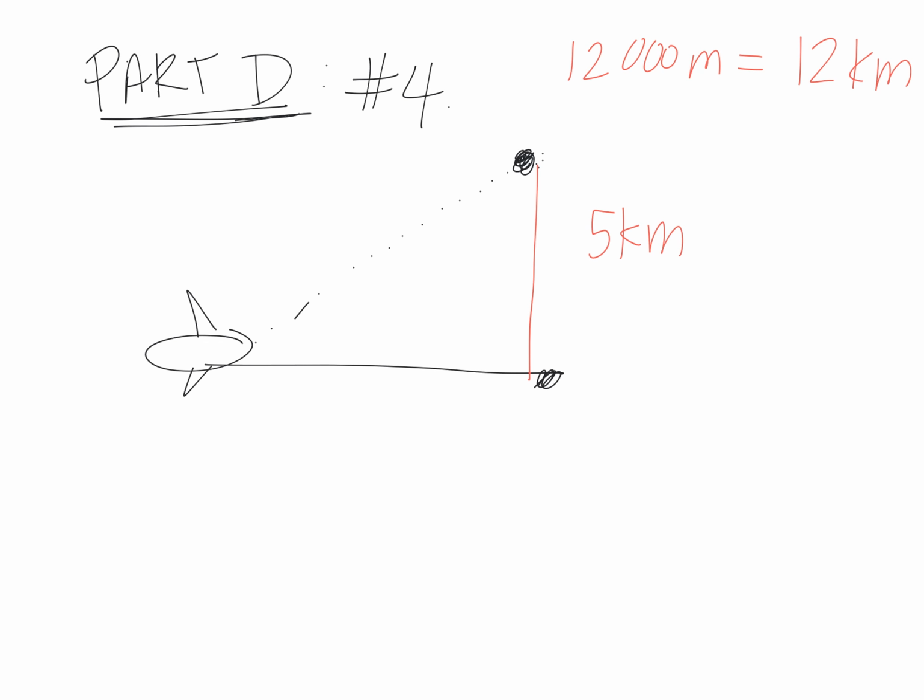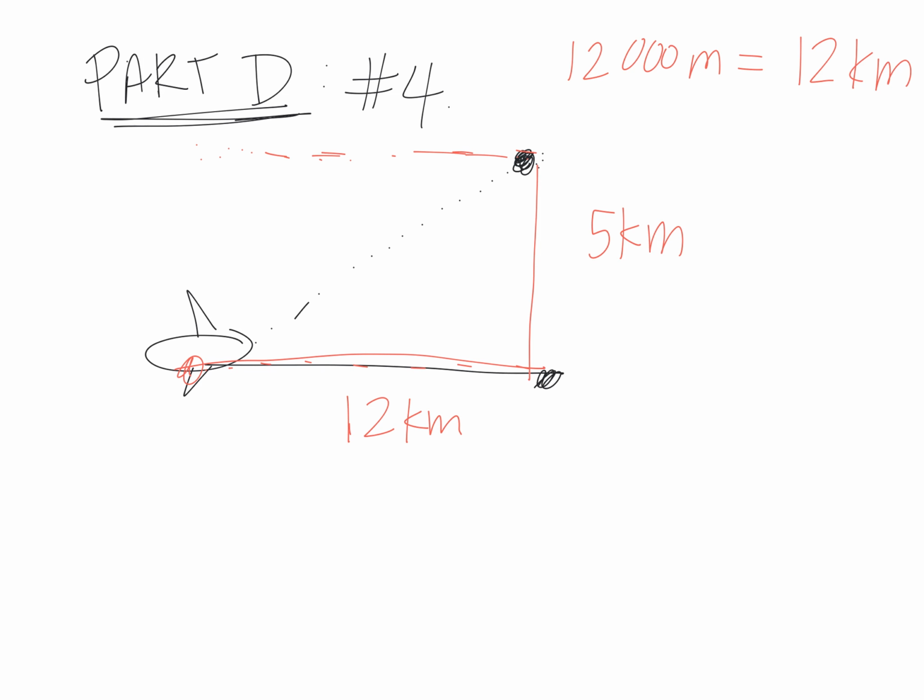It's traveled a horizontal distance of 12 kilometers. Where would I label 12? Here. From here to here is 12 kilometers. So here, the distance traveled horizontally from point A to point B is 12 kilometers, okay?